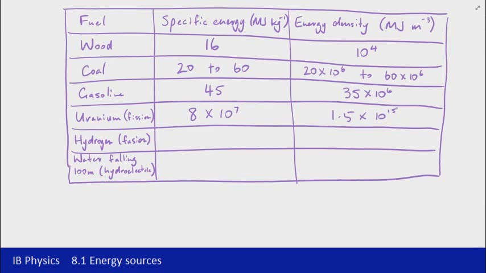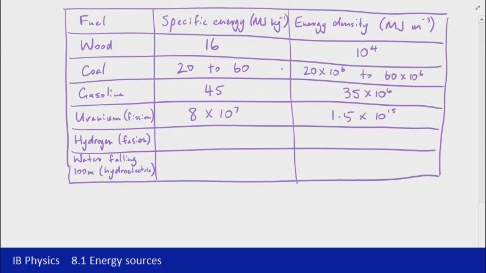We don't use it in Australia, but certainly European countries, Japan, the US, a lot of those countries do use nuclear power. And you can see the significant increase both in terms of the specific energy when compared to coal and the energy density as well. So some massive benefits in using nuclear power there.